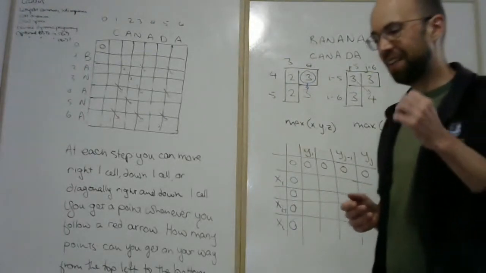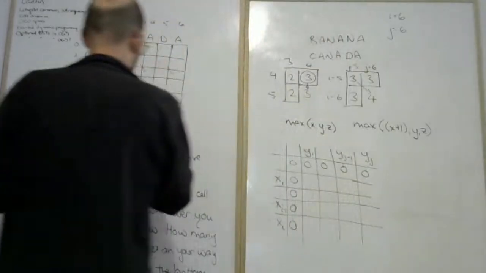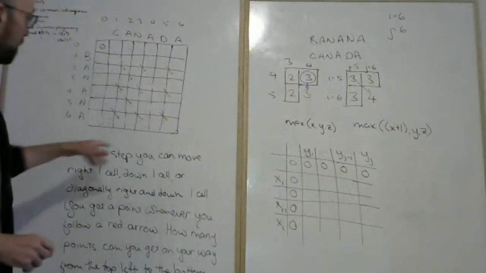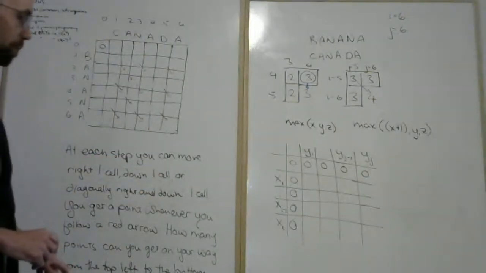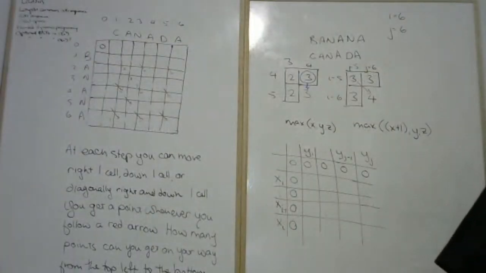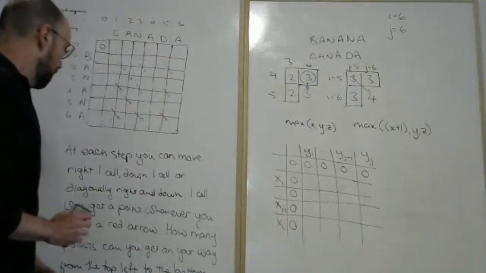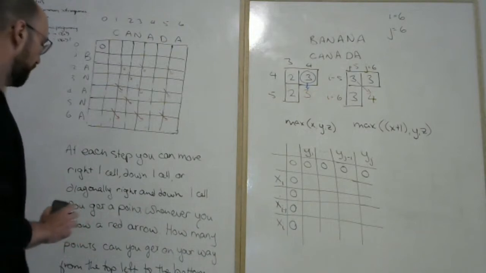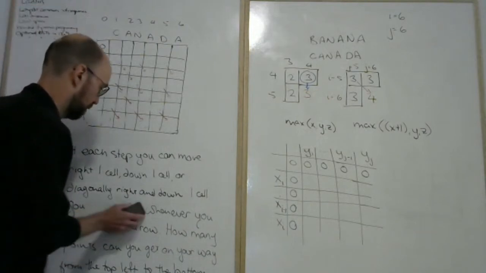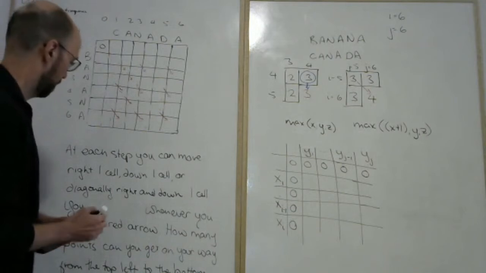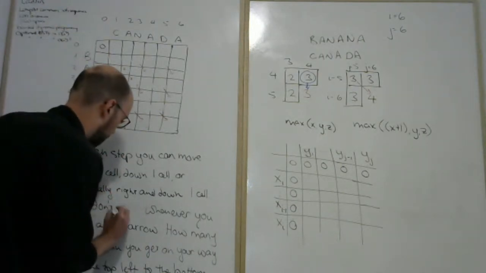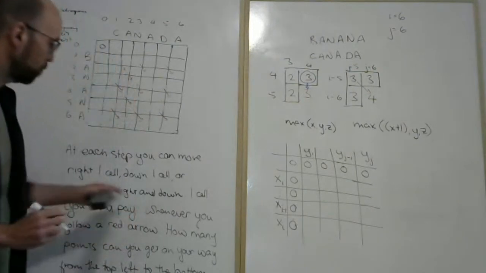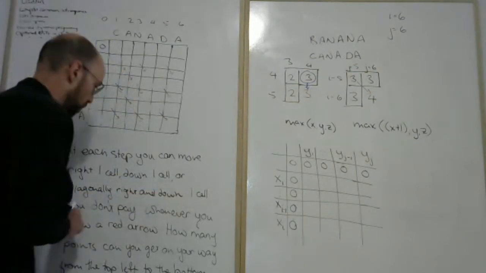So the idea is, now I'm trying to get from here to here. At each step, you can move right one cell, down one cell, or diagonally right and down one step. But you don't pay whenever you follow a red arrow.